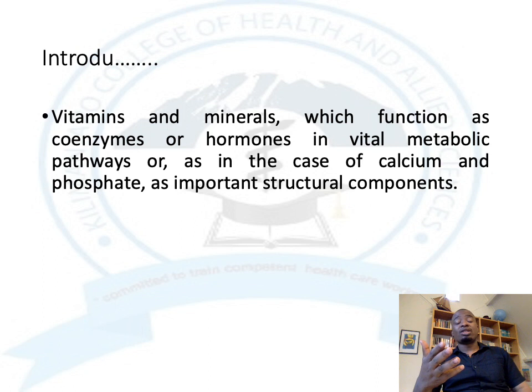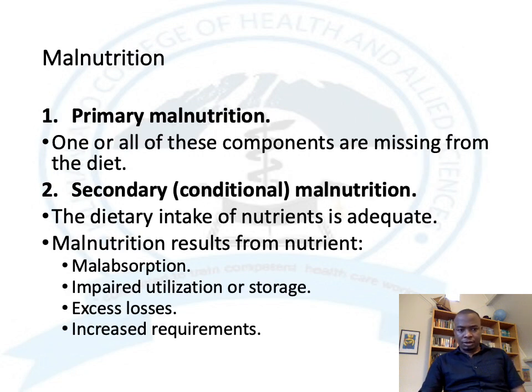Some hormones are not functional because of deficiency of minerals and vitamins. For example, in rickets, when you lack enough supply of calcium in the body, or phosphates are not well absorbed, these are also important structural components of the bones and other functions of the body.